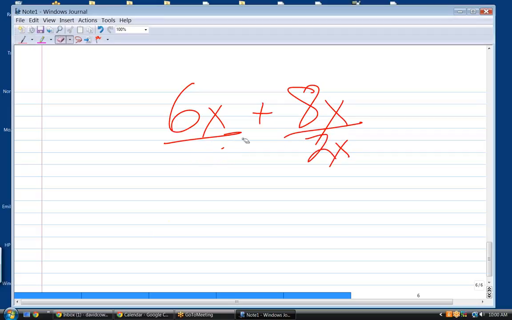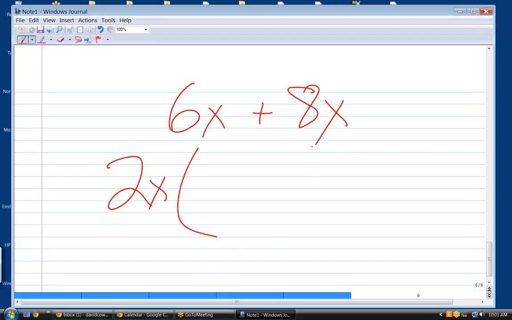So what you need for something to be the greatest common factor is that it produce a whole number, not a fraction. That's why 8 is not the greatest common factor, because you cannot divide 6 by 8 evenly. So 2x is what comes out as the greatest common factor.